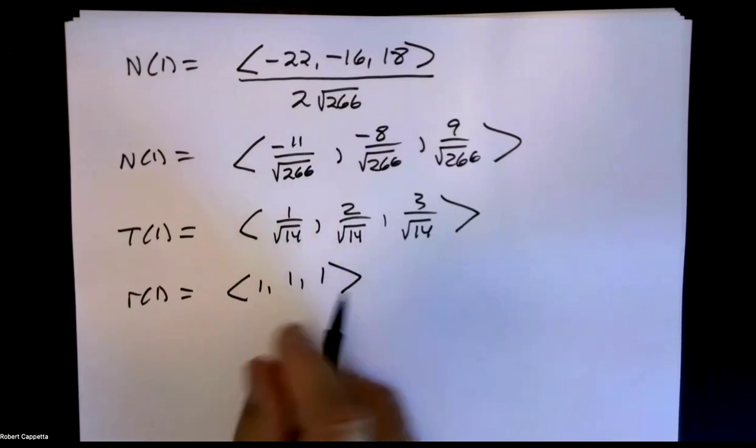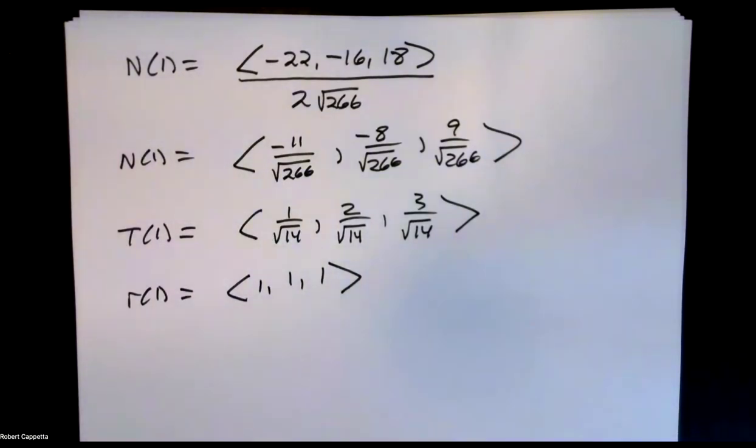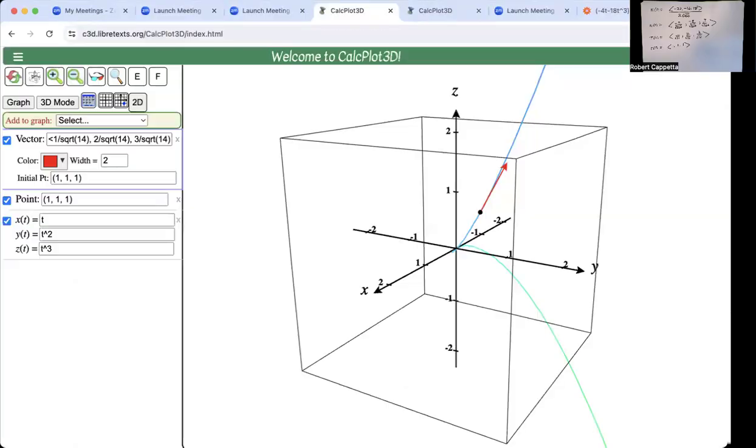So we should be able to see the graph as well as T of 1 and N of 1. So let's see if that will work. So you'll notice I have t, t squared, t cubed. There it is at the point 1, 1, 1. And then I put in T of 1. That is my red vector. My T of 1 is 1 over root 14, 2 over root 14, 3 over root 14.